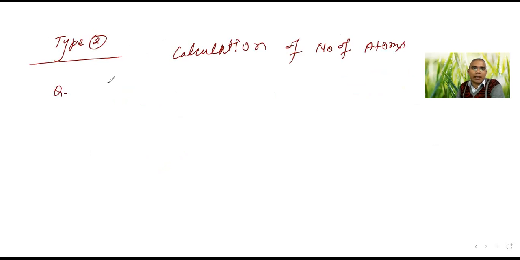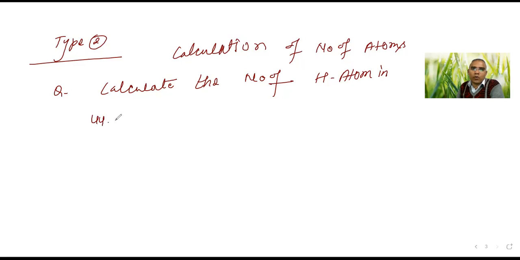So the question is, calculate the number of hydrogen atoms, H atoms, in 44.8 liter of H2 gas.